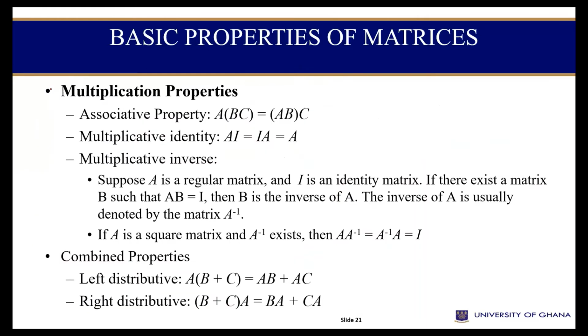The next one is multiplication. Again, for the associative property, if the same assumption holds, then A times BC is the same as AB, in brackets, times C. And I said earlier, anytime you multiply a given matrix by an identity matrix, the answer is the matrix itself.